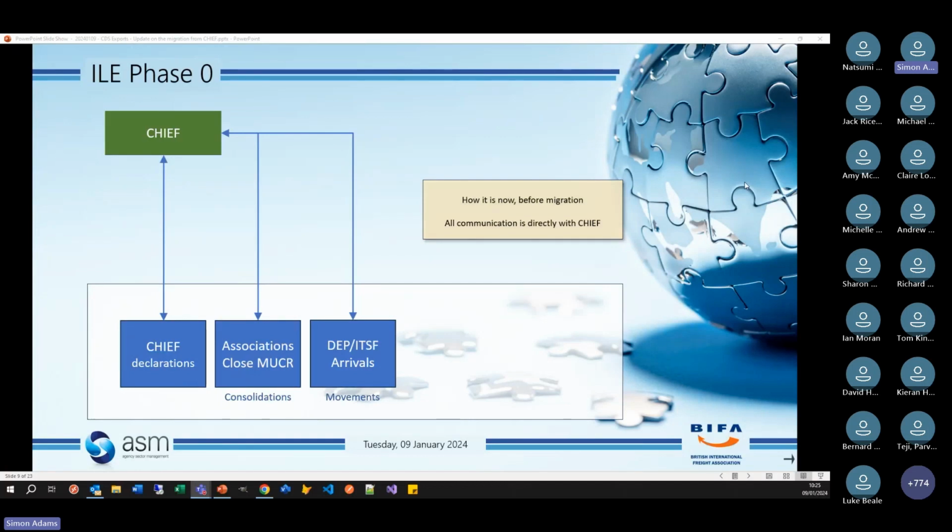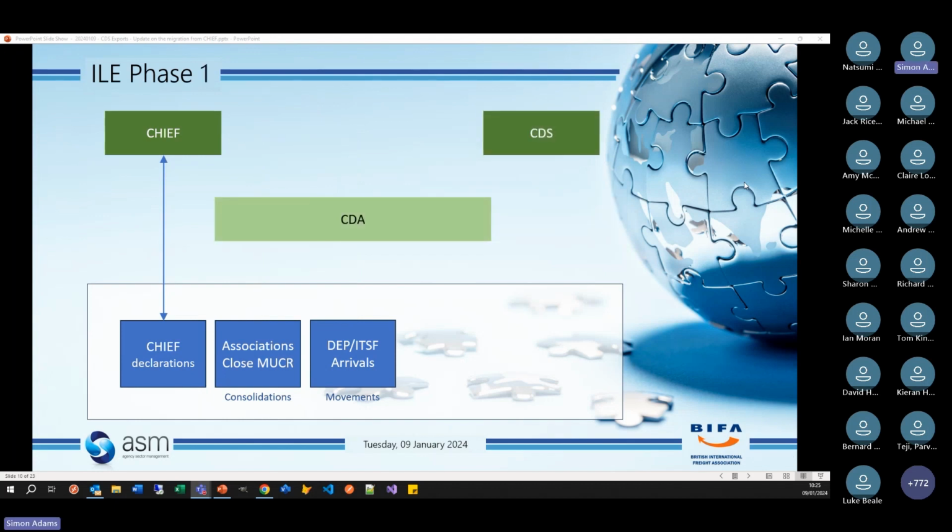ILE phase 0 is where we are now, or where we started from before CDS was even conceived, where declarations, consolidation messages, that's associations, disassociations, closing muckers, they're called consolidation messages, and movement messages, arrivals, departures, and all that stuff. All those by all the parties involved in exports was sent directly to Chief. So quite reasonably simple to control. Chief is where all the information was stored, everything happened, and all the control took place. A reasonably easy model to work with.